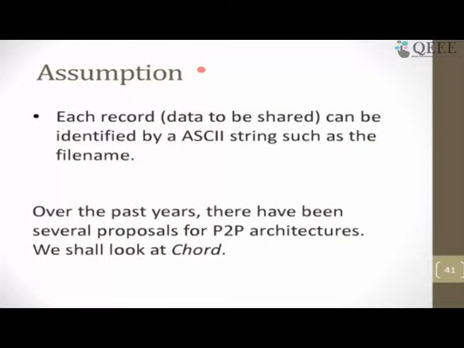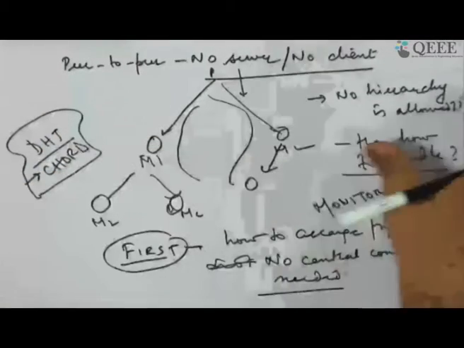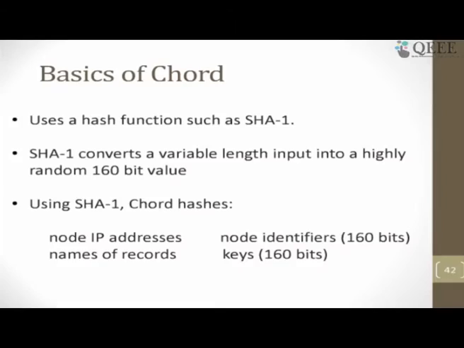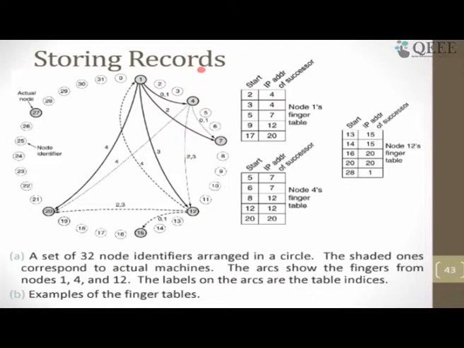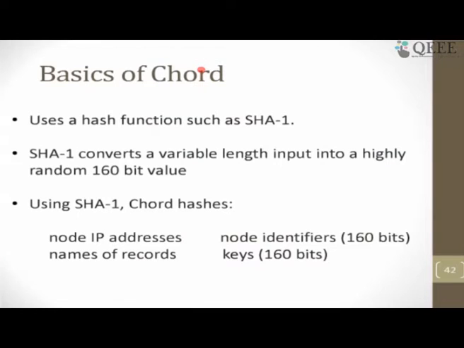Okay, so now we talk about a DHT, or distributed hash table, and the protocol is called Chord. The basics is that you have an IP address, and you hash that IP address and you get an ID. What hash function are you using?